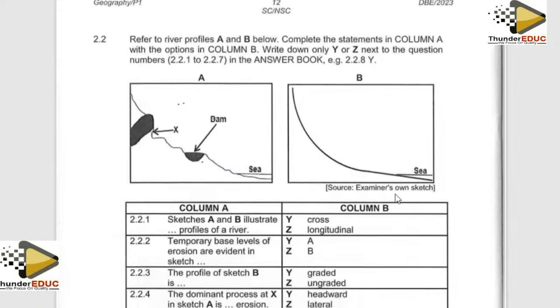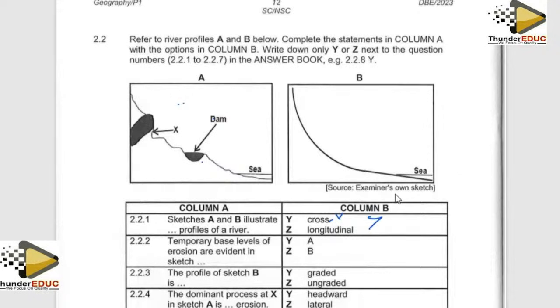First sketch illustrates which profile? A and B. A and B illustrates that profile of the river. So the cross is wrong. So this is longitudinal. Longitudinal means you see a river from the source to the mouth. The source is there, the mouth is here. So these 2 are longitudinal.